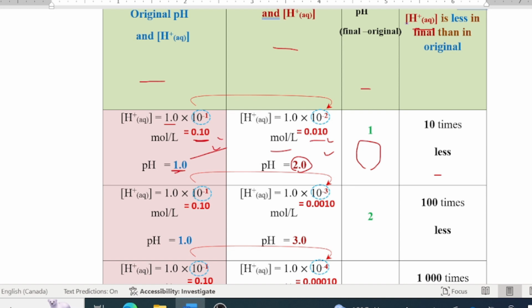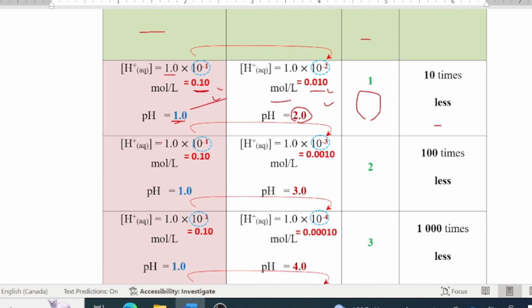Let's do another one. Let us say now you change the concentration of the acid from 1 times 10 to the negative 1 to 1 times 10 to the negative 3. Put it in decimal form here, and you get this. What is this compared to that? This compared to that is 100 times less. This pH was 1, now the negative log of that gives you 3.